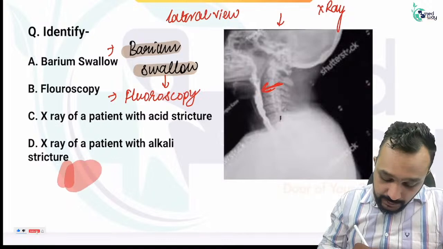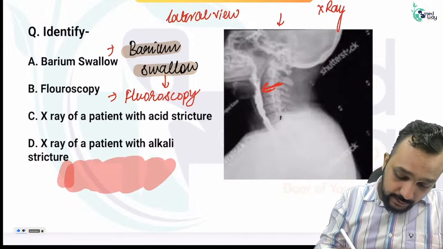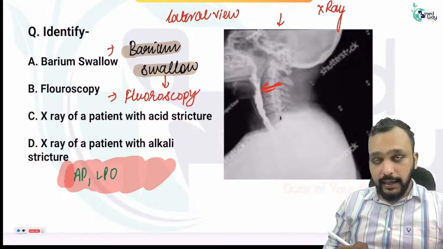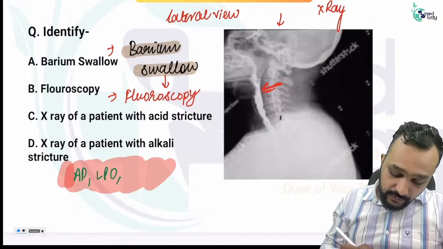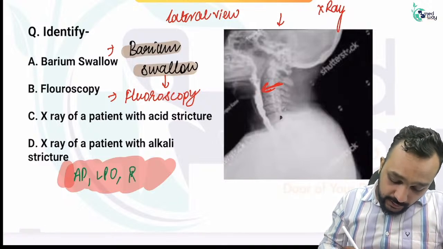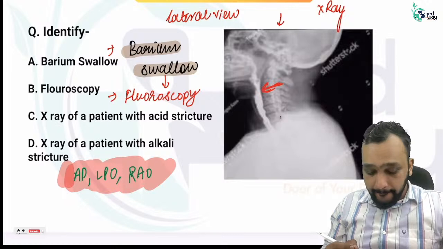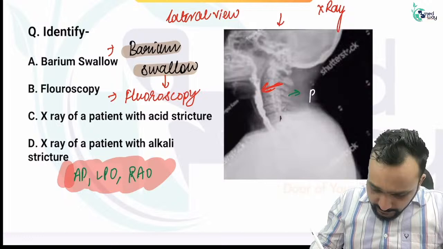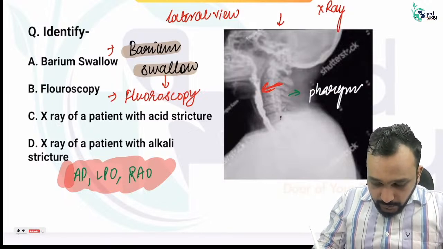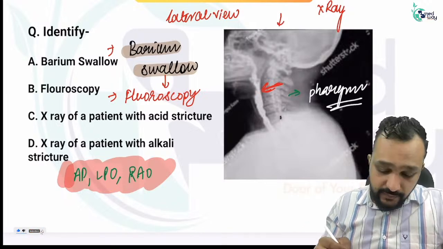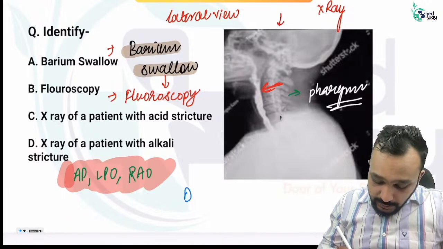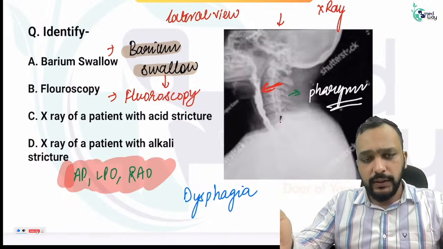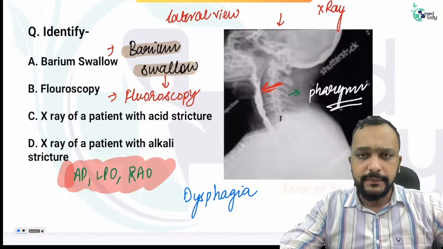So multiple views are taken in the barium swallow. You can be given an AP view also, right? You can be given a lateral, left posterior oblique view, then RAO view. Multiple views are taken. So this was a lateral view to see the pharynx, right? So we all know barium swallow is an investigation mostly done to investigate patients with history of dysphagia to liquids or solids, right?